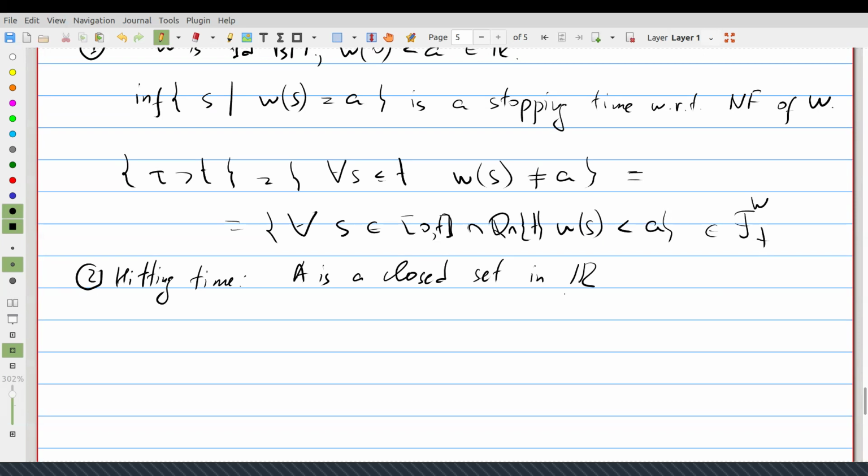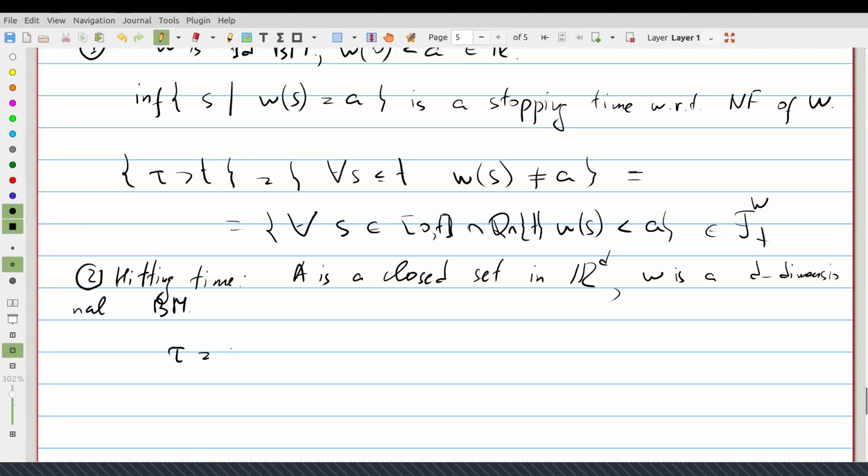Maybe sometimes instead of modulus you will need to write norm, but that's the only difference. Or we can just work with W as a d-dimensional Brownian motion.